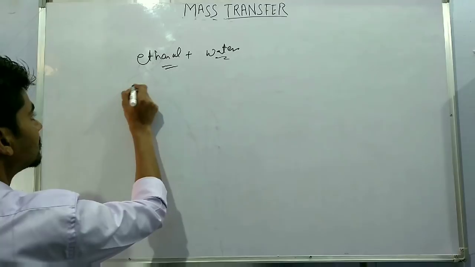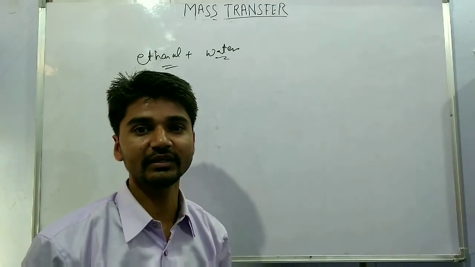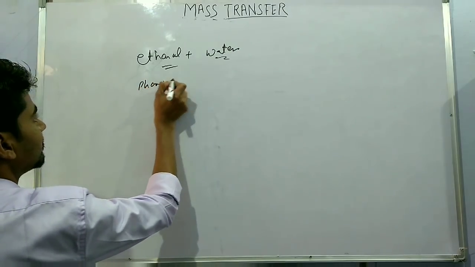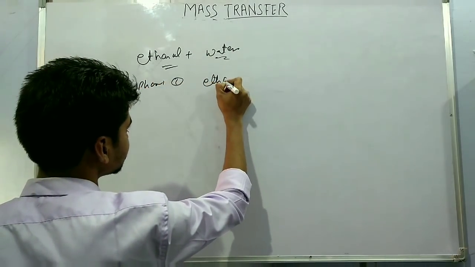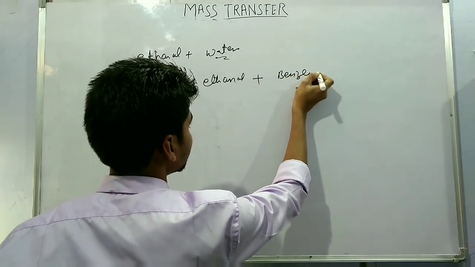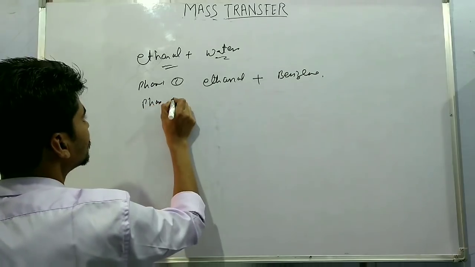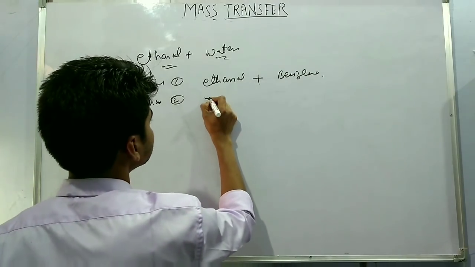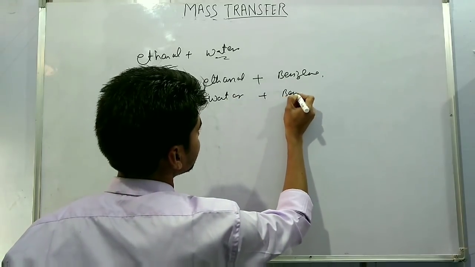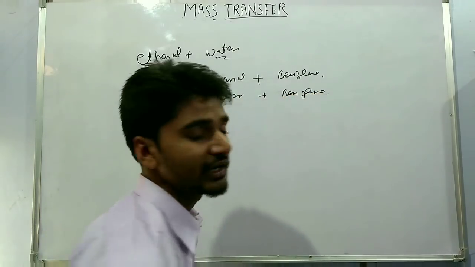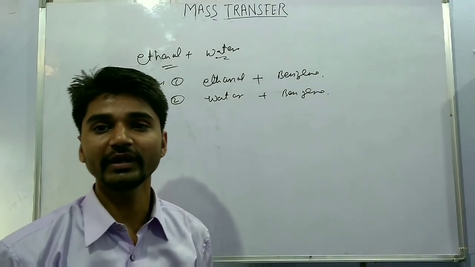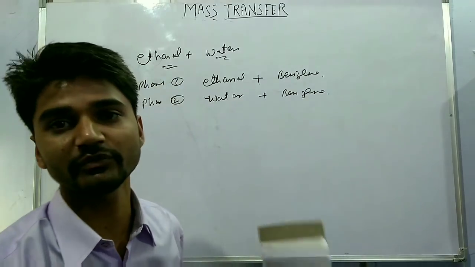After adding benzene as an entrainer, two phases will form. The first phase will contain ethanol and benzene, whereas phase 2 will contain water and benzene. Now we have to find the number of degrees of freedom in this type of system.